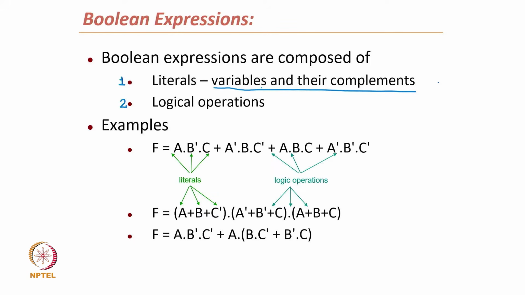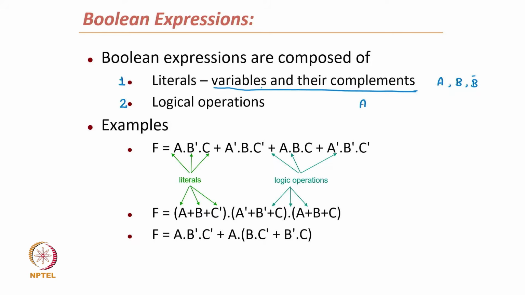For example, a, b, b bar, etc. All these inputs which are coming to the gate, we call them literals, and the logical operations we are performing on them, they are logical expressions.